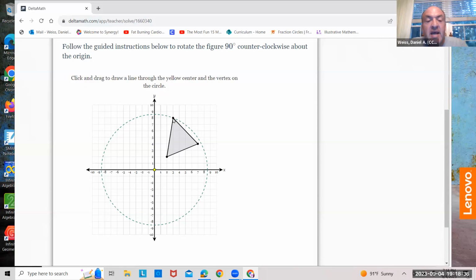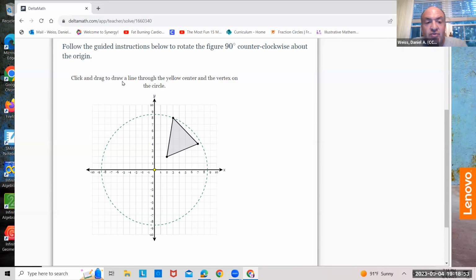Now it says click and drag to draw a line through the yellow center. Here's the yellow center. Draw a line through the yellow center and the vertex on the circle.